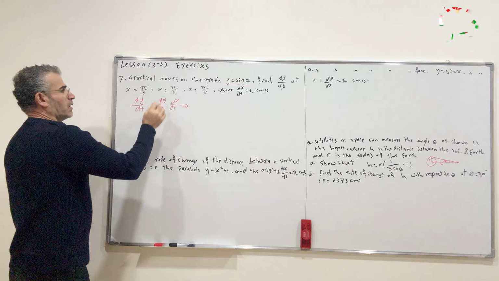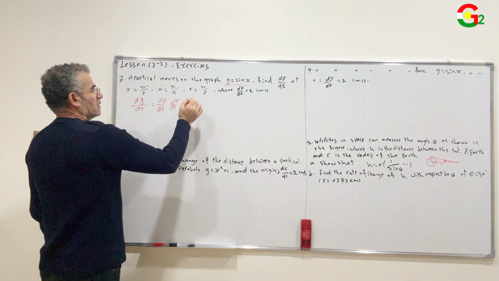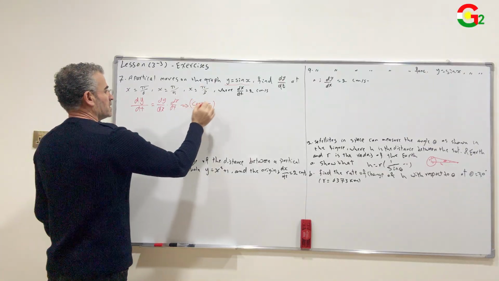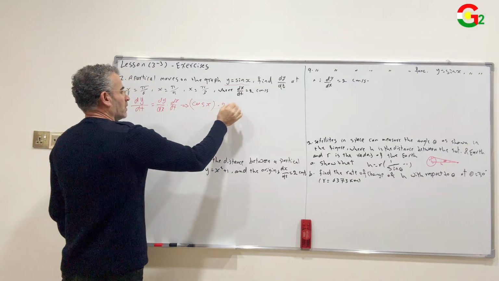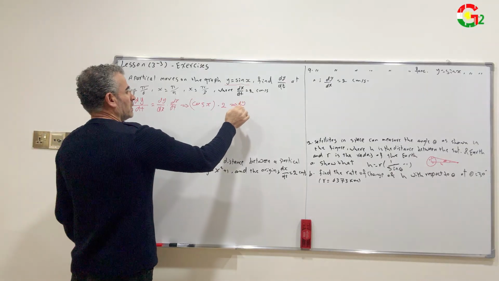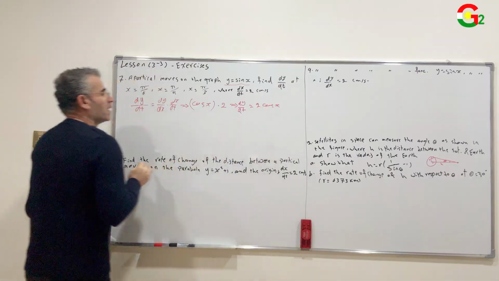Then dy over dx: differentiate y with respect to x, the derivative of sine x is cosine x, times dx over dt, which is given as 2. Therefore, y prime or dy over dt equals 2 cosine x.